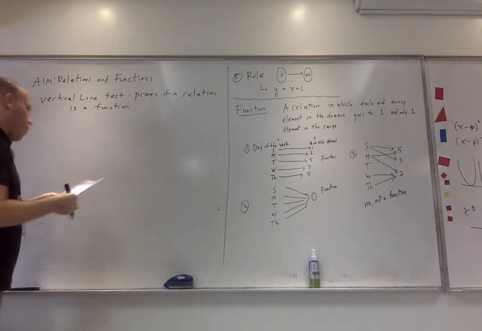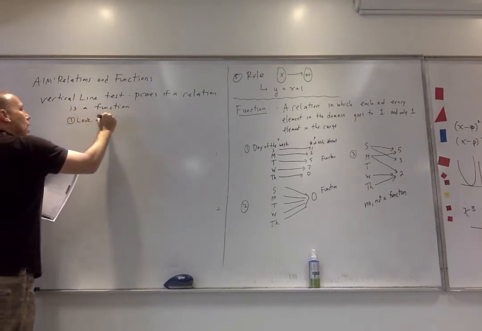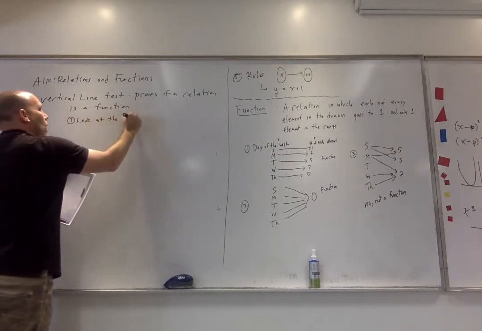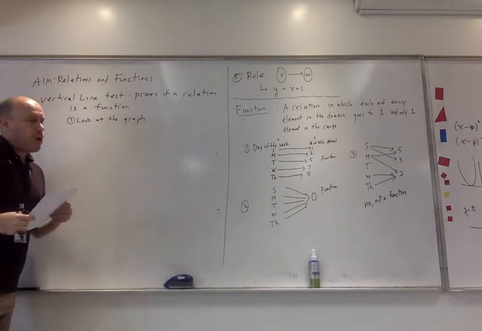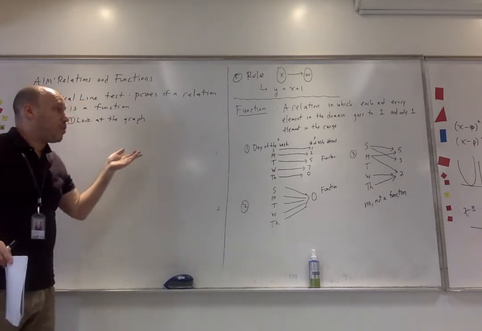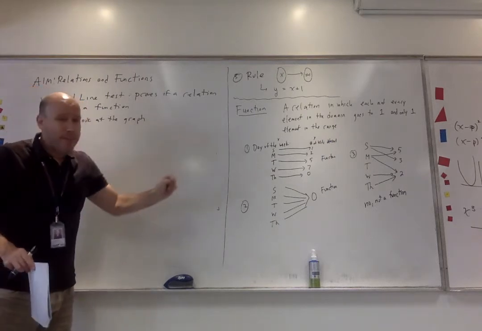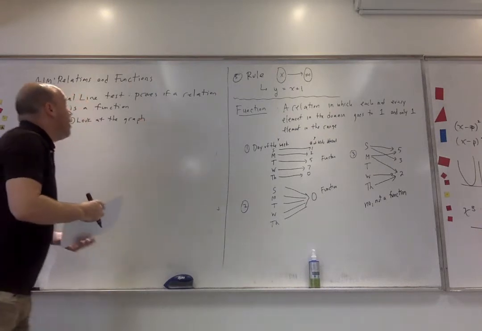Right. So the first thing is look at the graph. You're going to plot the points. You can use Monday, Tuesday, Wednesday, Thursday as your x-axis, and the number of absences along your y-axis.